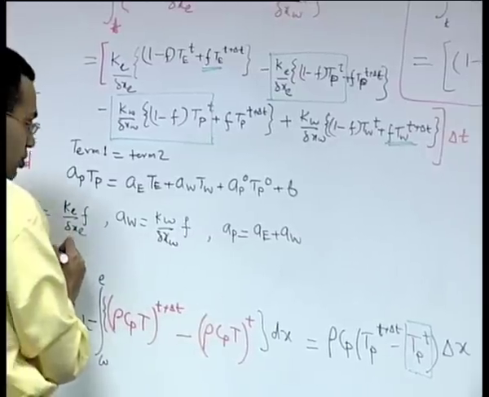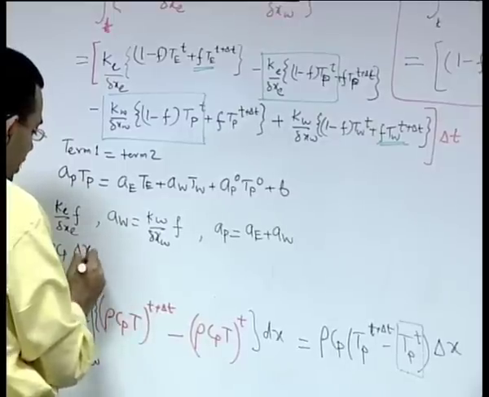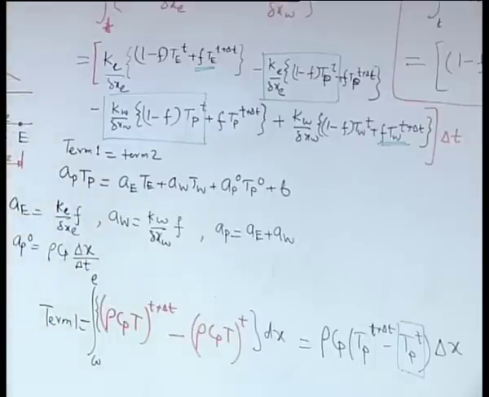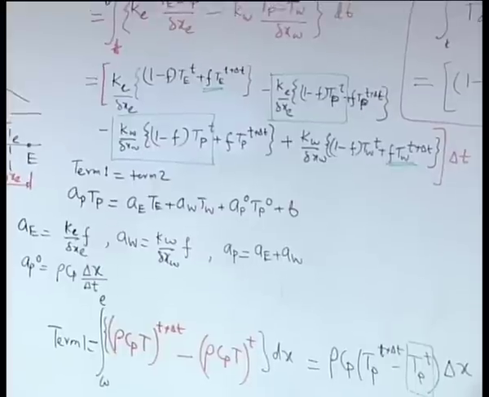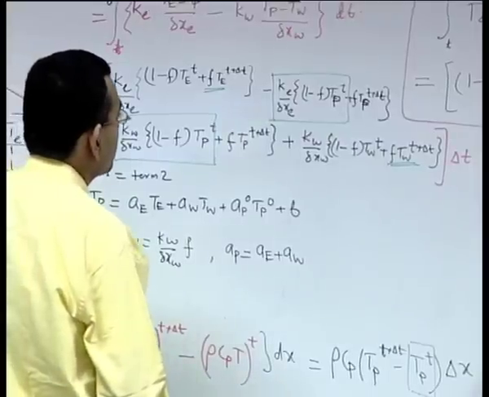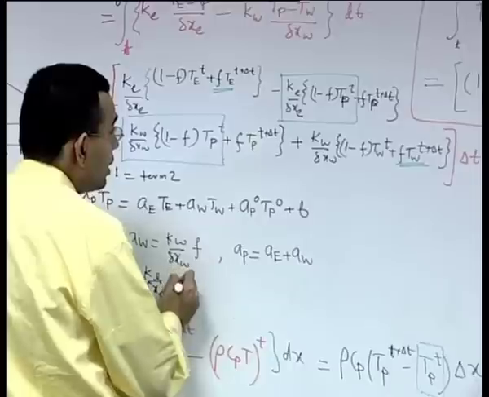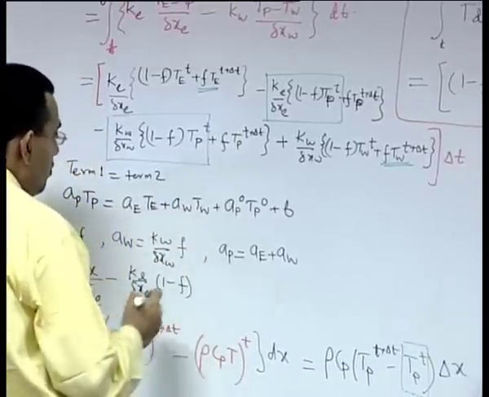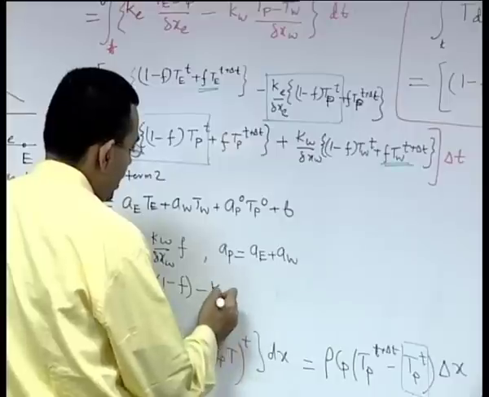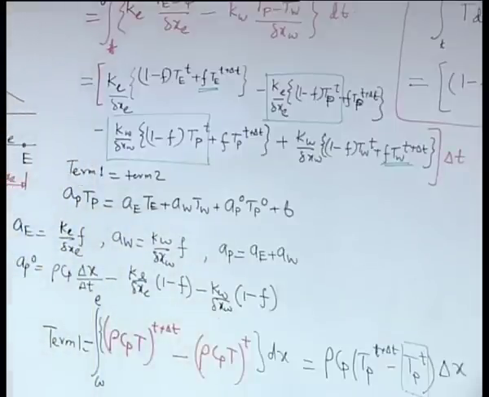So it will become rho Cp delta x by delta t minus Ke by delta xe into 1 minus f minus Kw by delta xw into 1 minus f. And then what is B?